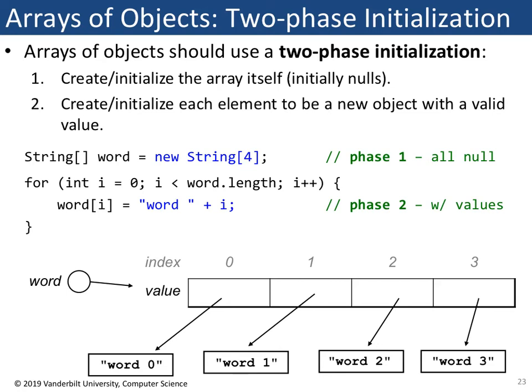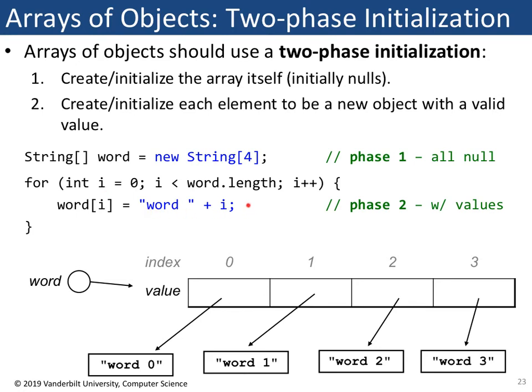So in code, that would look something like this. If we wanted to initialize every element of our word array, then we could create the word array that'll hold references to strings. Then in a for loop, process each element of the array and store a reference to a string in each of those elements.